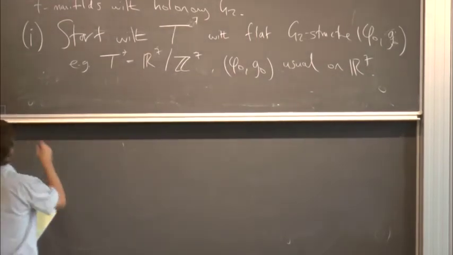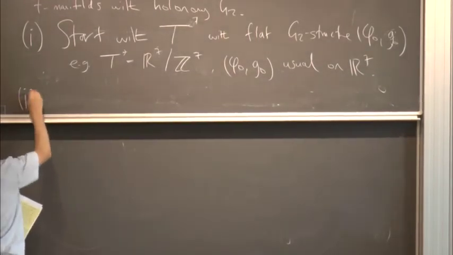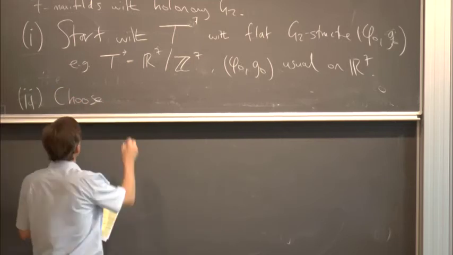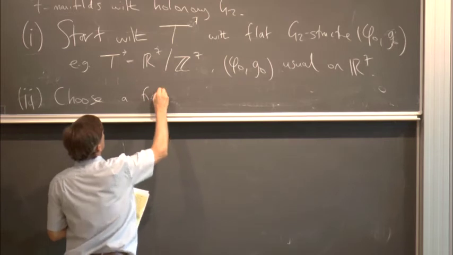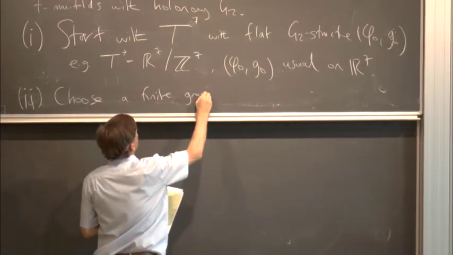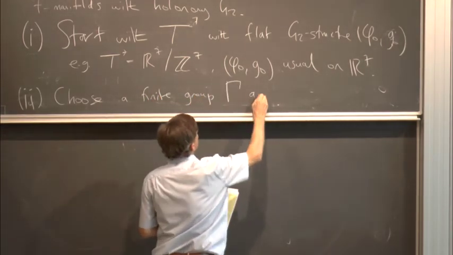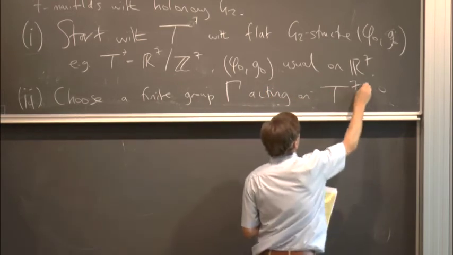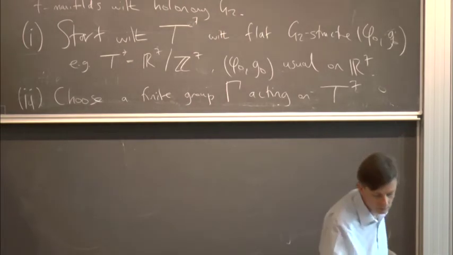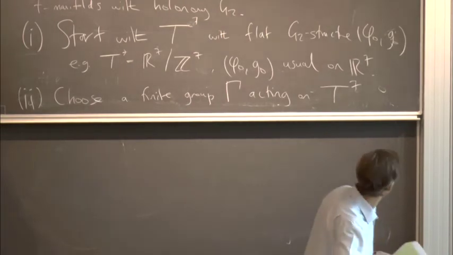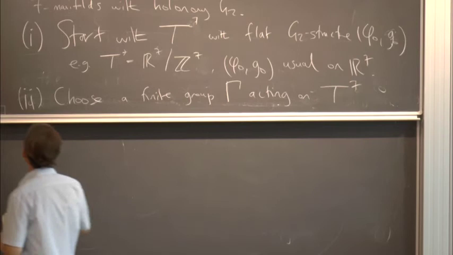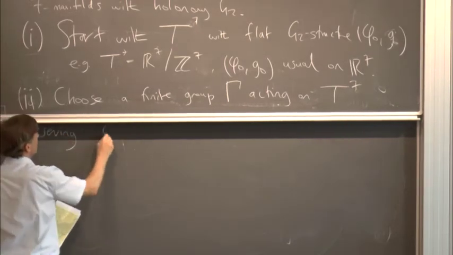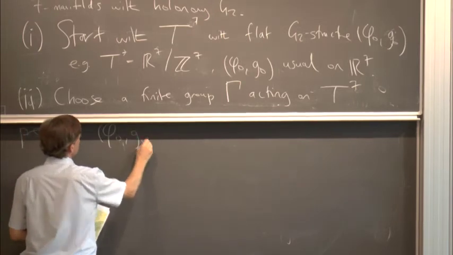Okay. So then, secondly, we have to choose a finite group big gamma acting on T7, preserving your G2 structure phi 0 and g0.